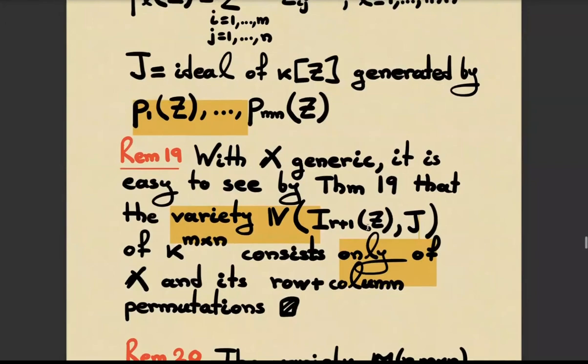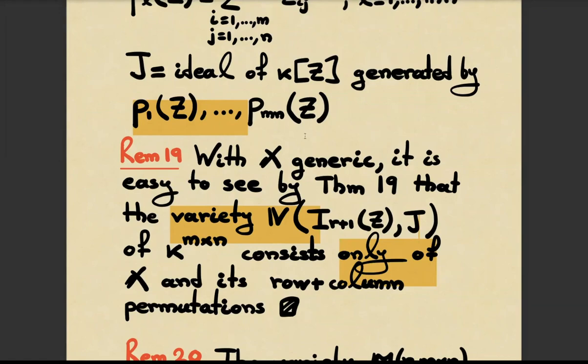So with this remark, if we take those polynomials, the power sums, and take the variety they define, and we intersect that variety with the variety of rank R matrices, then what we will see is just X and its innocent permutations, which are row and column permutations of X. Put it in another way, I have the determinantal variety, and I intersect it with M times N hypersurfaces.